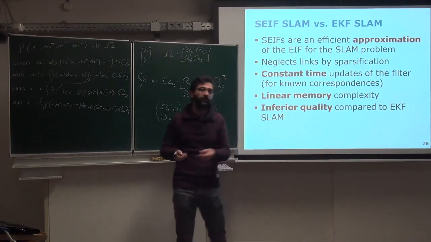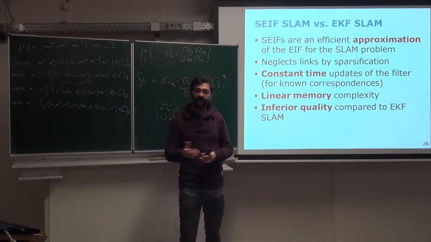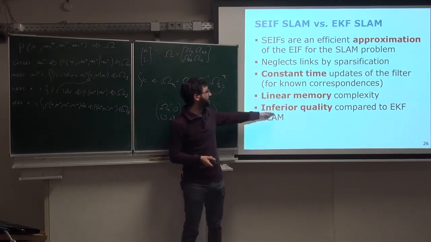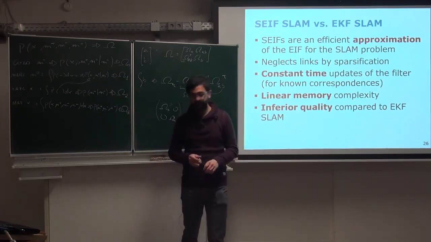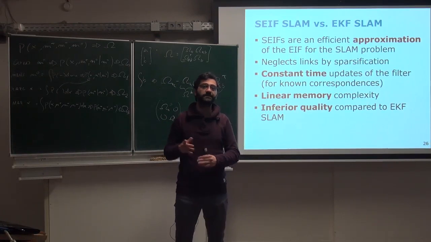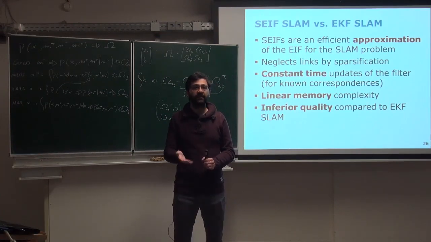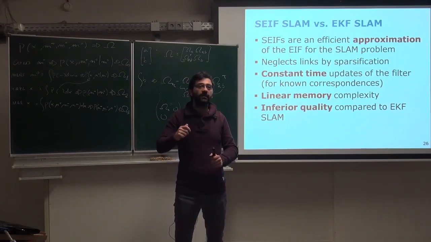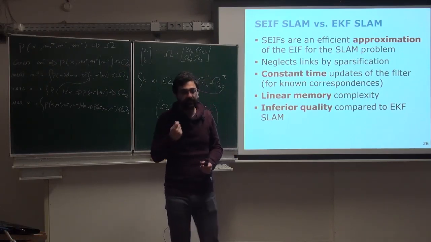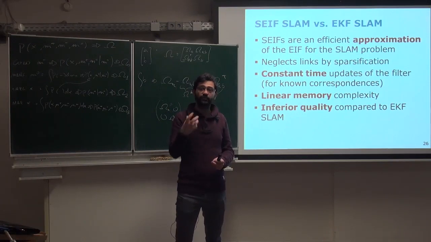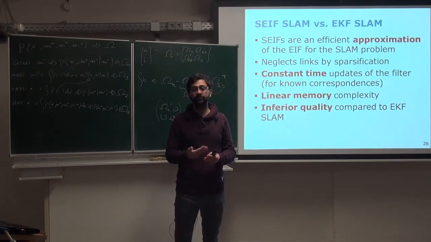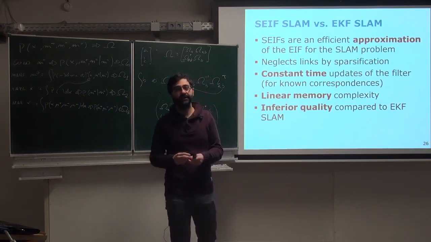That's how you store a sparse matrix in memory. On the downside, we have an inferior quality of the results, but for most practical purposes this loss in quality is not too big. Therefore, it's worth having a strong gain in efficiency and memory consumption with a small loss in accuracy.